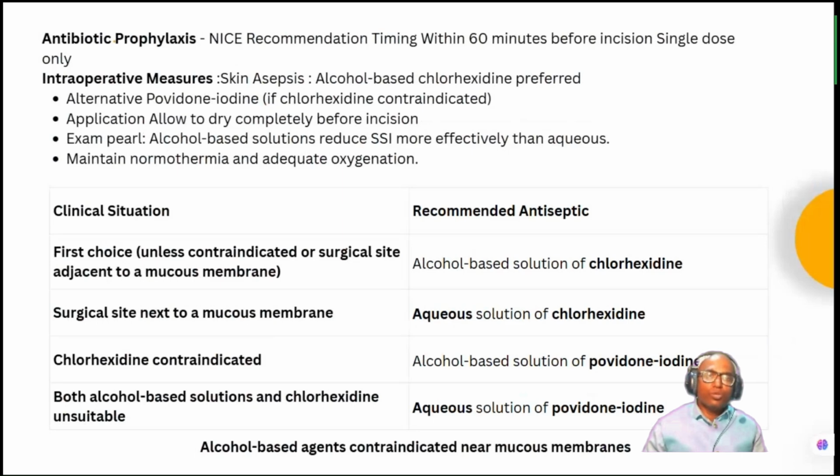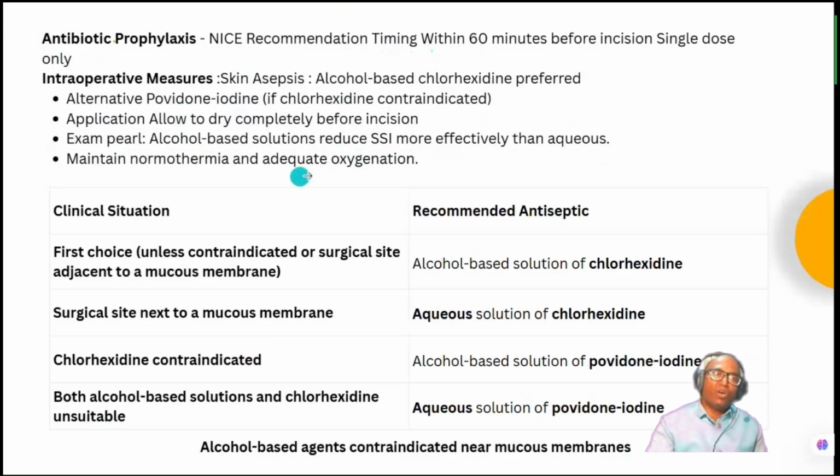Alcohol-based solutions reduce surgical site infection more effectively than aqueous-based ones. So when you have these solutions, they may give you alcohol-based and aqueous-based. You will always prefer the alcohol-based chlorhexidine because alcohol-based solutions reduce SSI more effectively than aqueous. If the patient is allergic to chlorhexidine, then you will use povidone iodine.